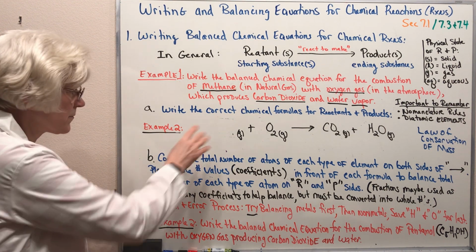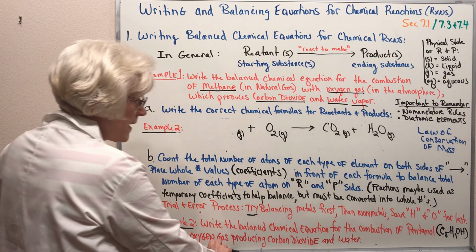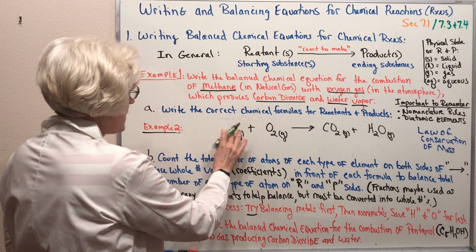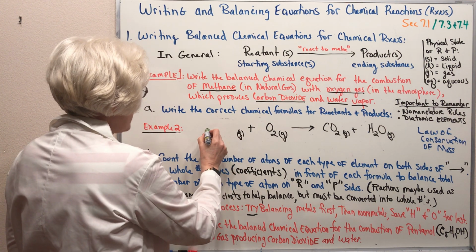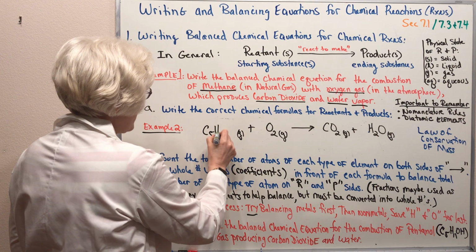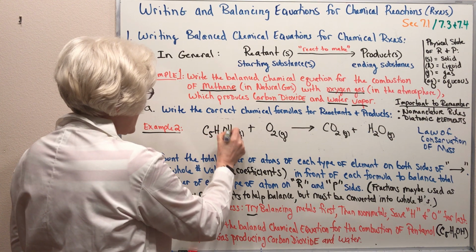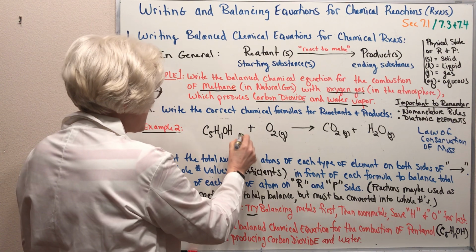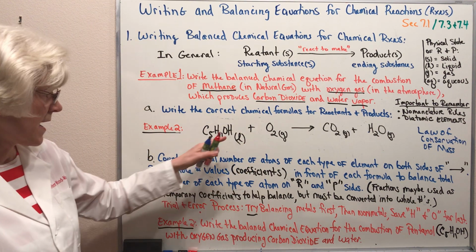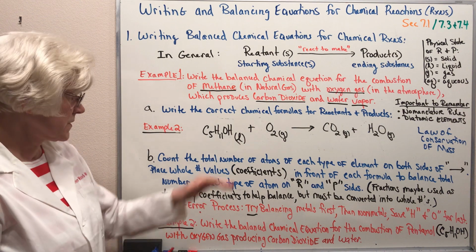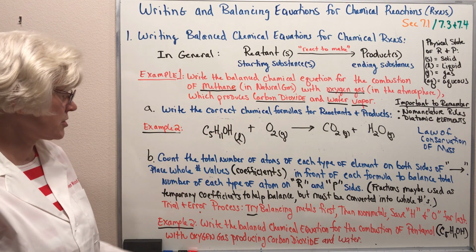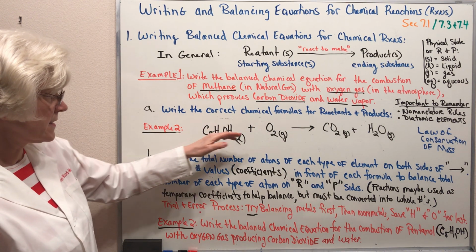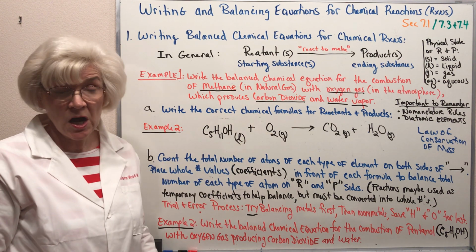So I've erased methane and I am going to put in the chemical formula for pentanol, C5H11OH. Now pentanol is going to be a liquid, not a gas at room temperature, so I'm going to make that notation. So pentanol is reacting with oxygen.